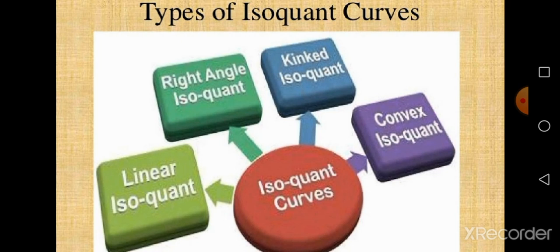Next, what are the different types of isoquant curves? Based on whether the input factors are perfect or imperfect substitutes, the different types of isoquant curves are linear isoquant, right angle isoquant, kinked isoquant, and convex isoquant.